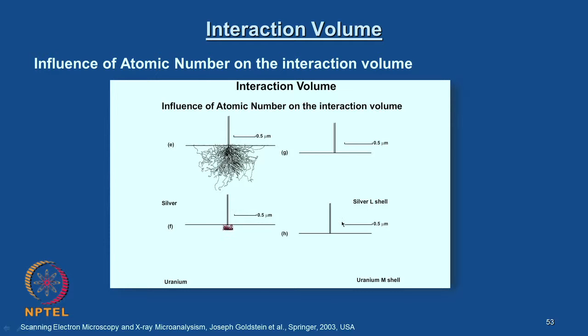So, what I am trying to tell here is that depending upon the atomic number as well as the energy of the electron beam impinging on the sample, your interaction volume is going to change, and the scattering physics involved is a little more complicated. This has a significant influence on your image resolution and the kind of details one can get from the specimen surface.